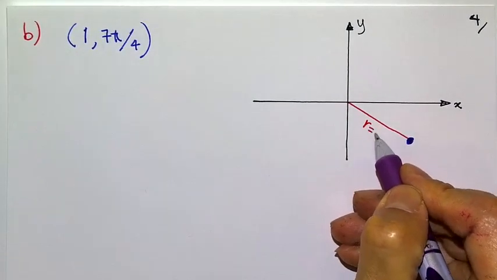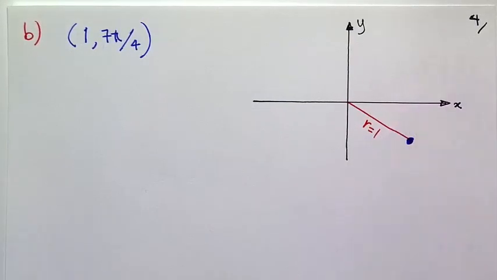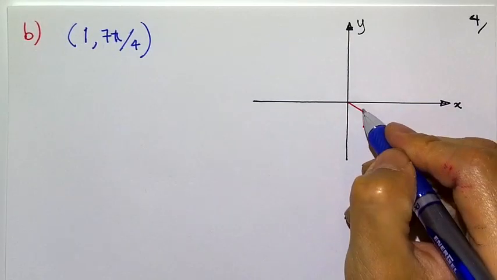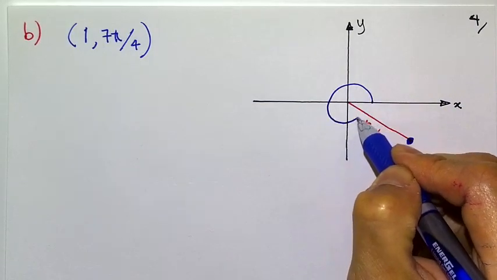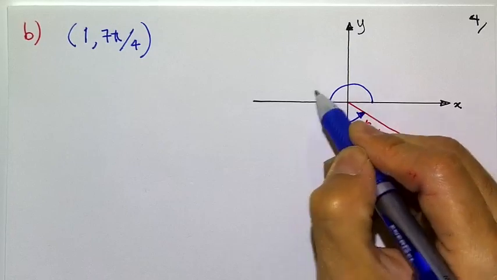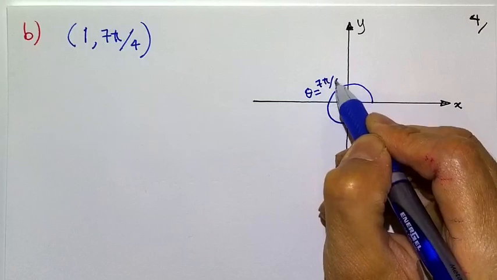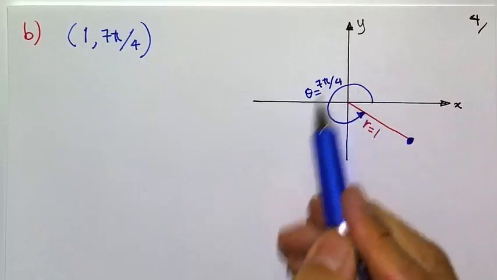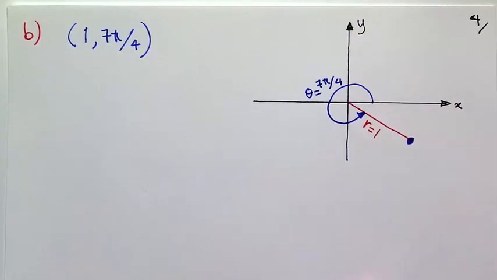So this is r equals 1, and the angle we're talking about is from the polar axis here, going all the way around like that, and this theta is positive 7 pi over 4. Positive, we're going counterclockwise. If this was negative, we would have to go clockwise.